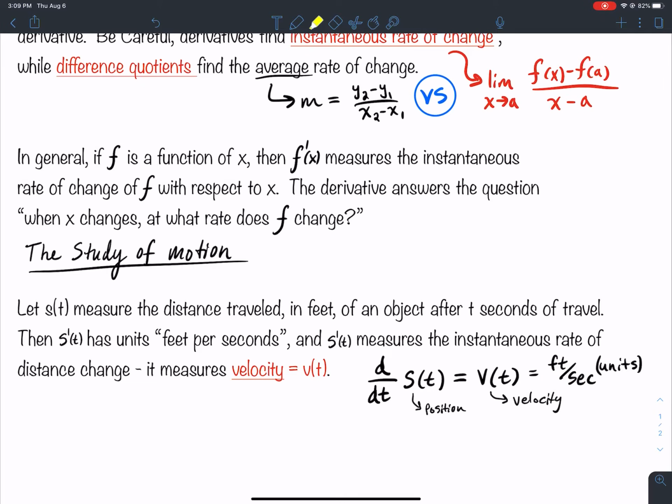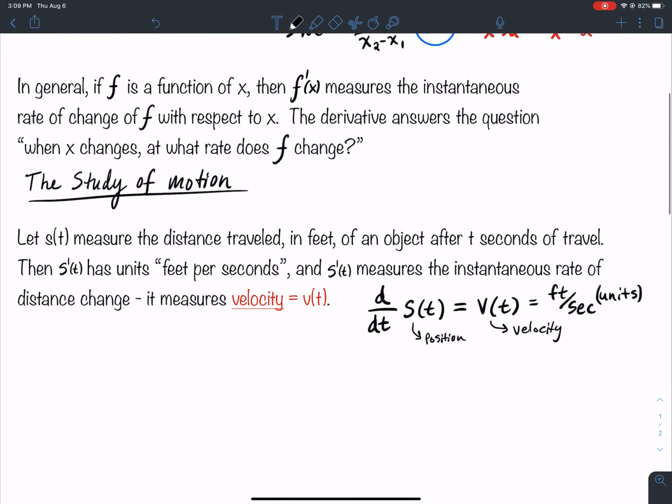The absolute value of velocity is your speed. We'll talk about that more later, but when you think about something like 55 miles per hour, that is a velocity rate. It's the distance unit divided by the time unit.